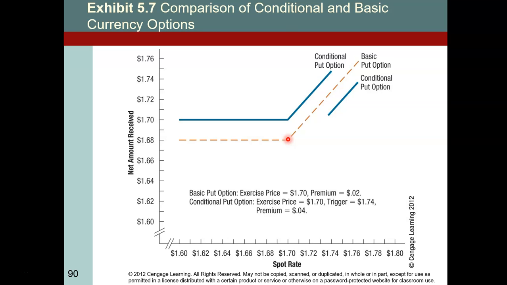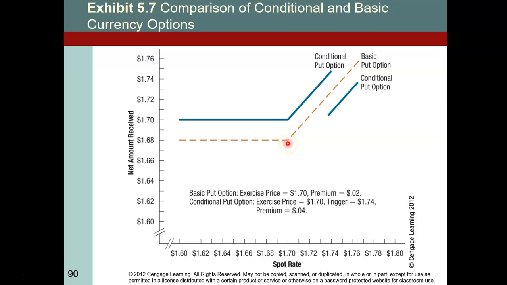When the spot rate is 1.7, you can purchase the currency at 1.7, and you can sell the currency at the exercise price by exercising the put option and have a 1.7 cash inflow, right? So at this cutting point, you are paying 1.7, getting 1.7 through the transactions, and at the same time, you need to pay another 0.02 premium.